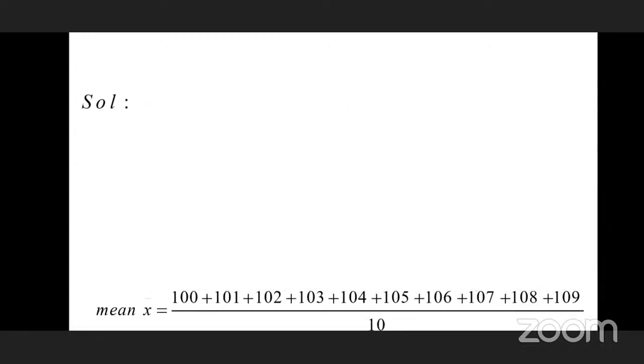The mean deviation of 100, 101 to 109 from the arithmetic mean. What is the mean deviation of the numbers 100 to 110 from the arithmetic mean? What is the formula for arithmetic mean?